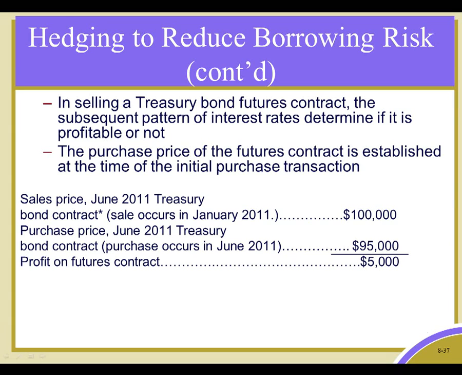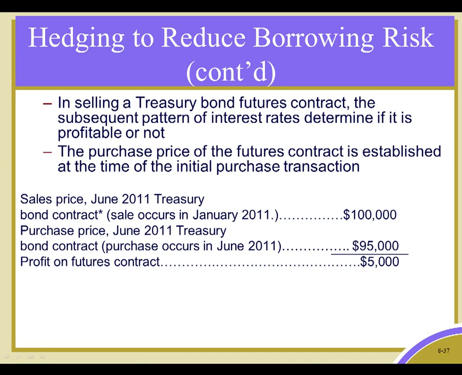We're really dancing around how the futures market works to some extent. The details of that aren't particularly important at this point. The main point here is, notice we've sold before we bought. We essentially have promised to sell a bond in June of 2011, and the price is $100,000 as of today.